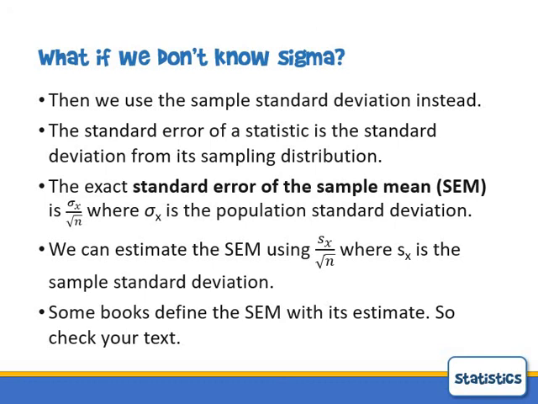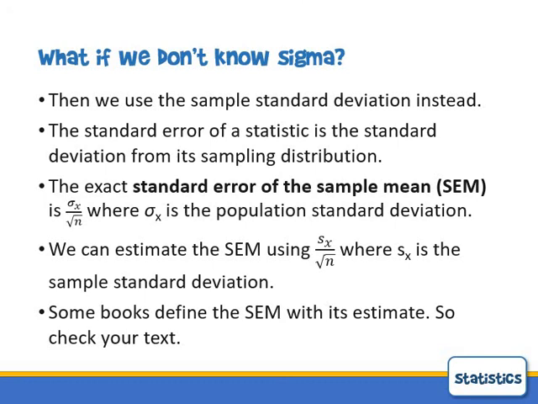So yeah, if we don't know sigma, we replace it with S. That's one of the main points if you read through this slide. All of the z-procedures, whether you do the interval or the hypothesis test, in the formula somewhere there's a sigma over square root of n. That comes from the standard deviation of x bar being sigma over square root of n. And there's this term on this slide here, standard error of the mean.